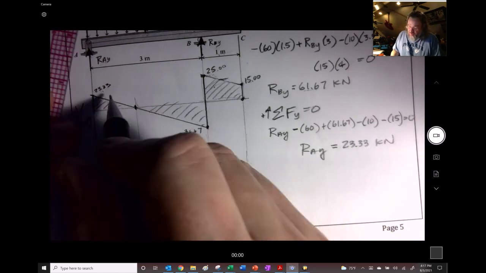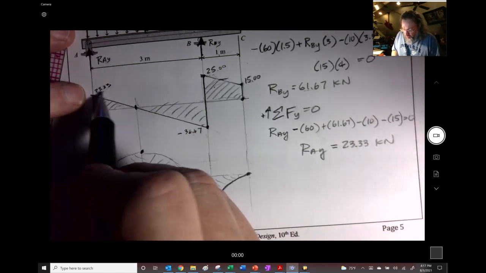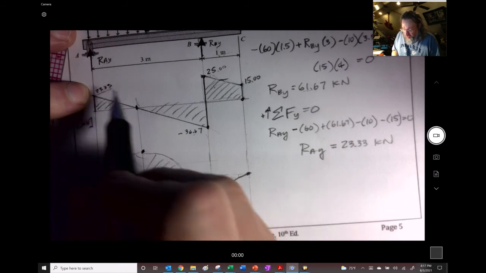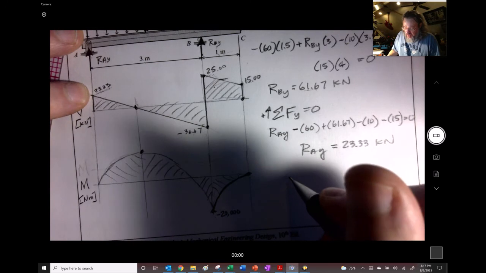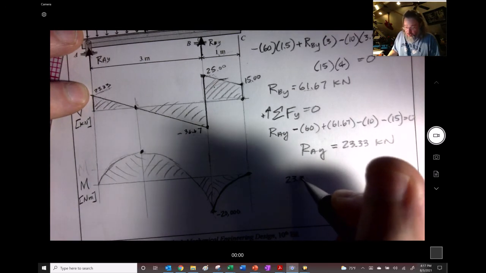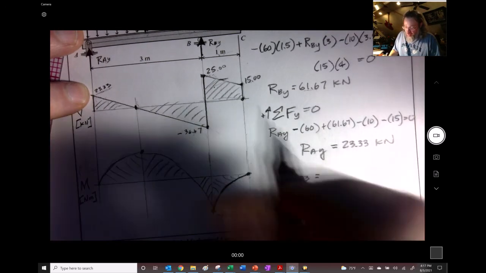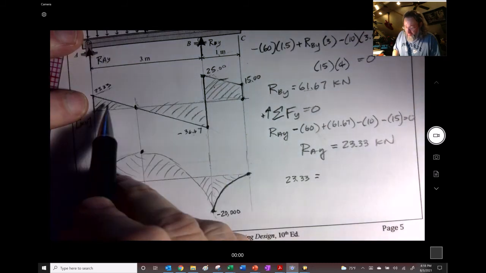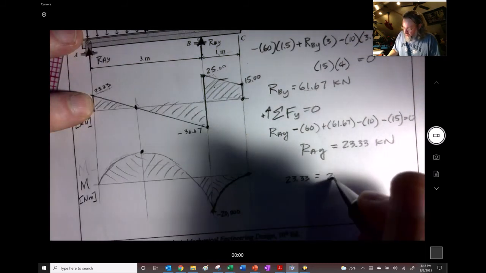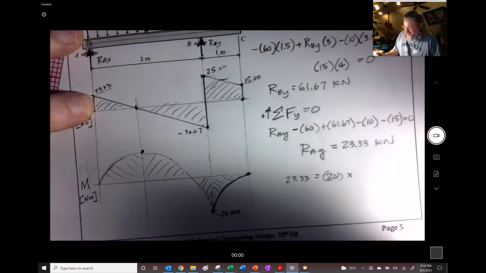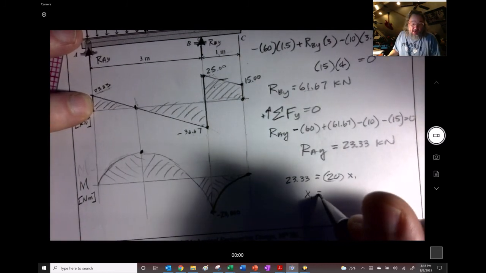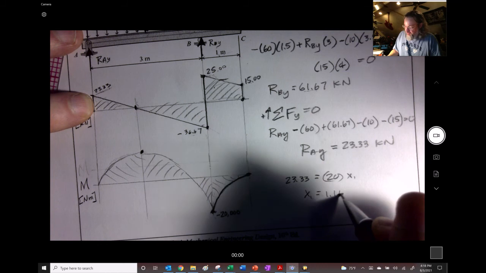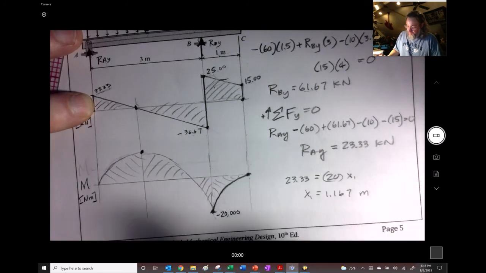So in order to find this, all we have to do is find out what this value right here has to go to 0 because of this distribution. So we could say that 23.33 is going to be equal to 20 times some value. I'll call it x, maybe x1. We do that, and we get that x1 is going to be 1.167 meters, right?